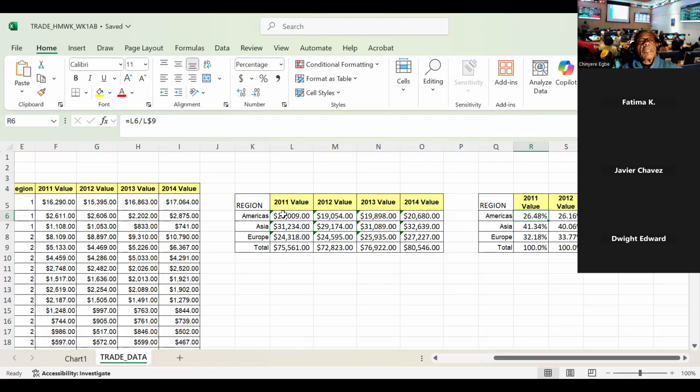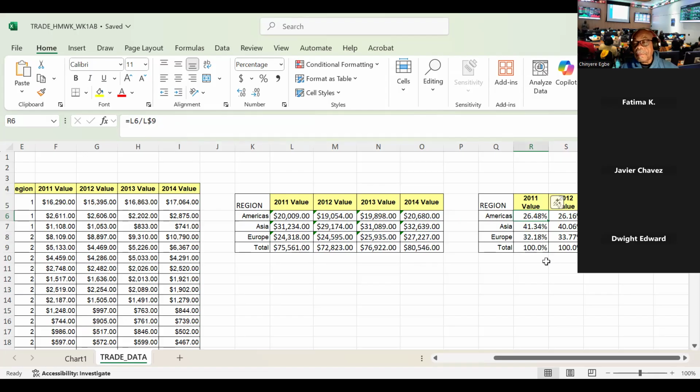Because L doesn't have a dollar sign, the L will be moving, from R to S, from S to T, from T to U. But we are always dividing by 9, by this 9 here, which is L9. We have to put a dollar on the 9 so that the 9 doesn't move, but the L will be moving. You get the idea?